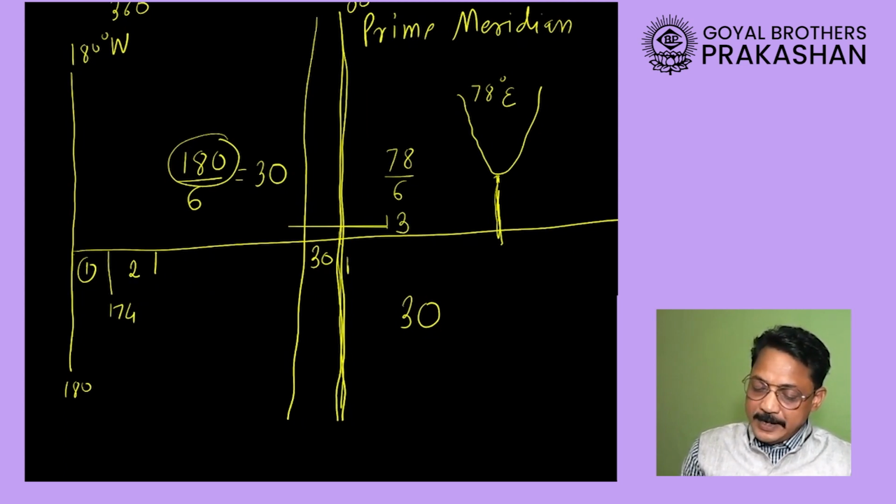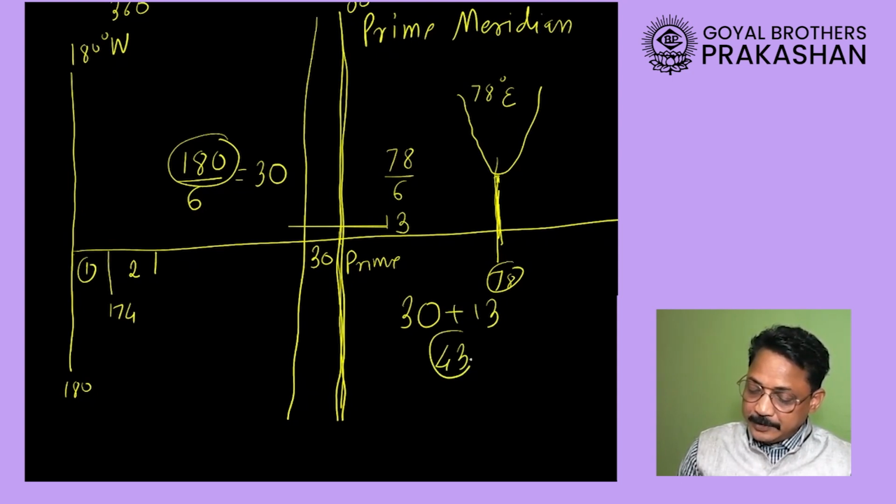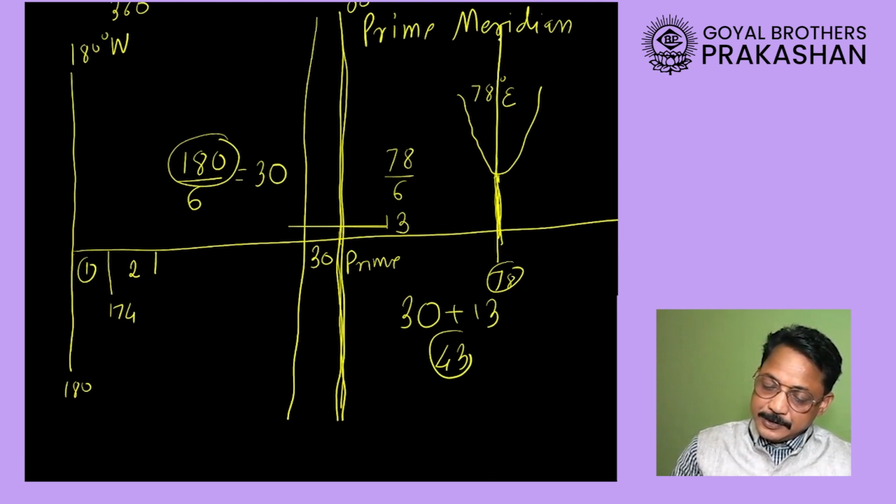And from the prime meridian up to India's side, there are 78 longitudes which are divided in groups of 6. So I get 13 longitudes. So 30 plus 13, I get 43. So India's region will have the number 43.